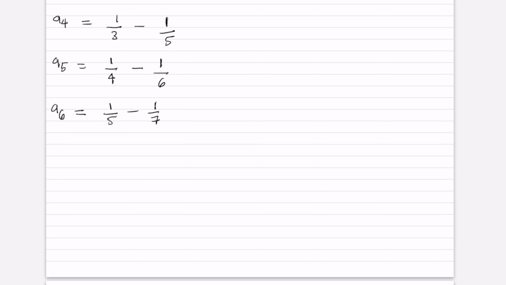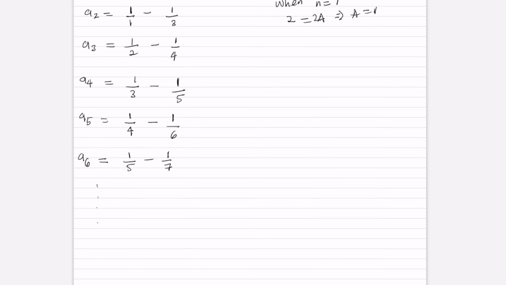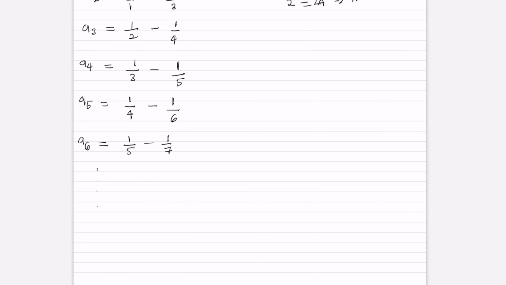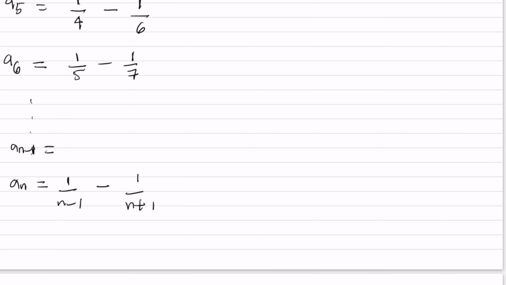All right. So let's go on up to a_n. So a_n is 1 divided by n minus 1 minus 1 divided by n plus 1. How about a_(n-1)? a_(n-1) is 1 divided by n minus 2, then minus 1 divided by n, right?